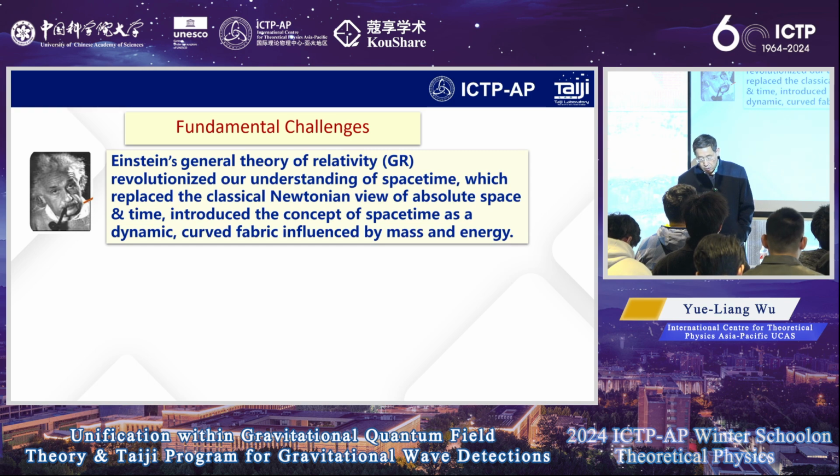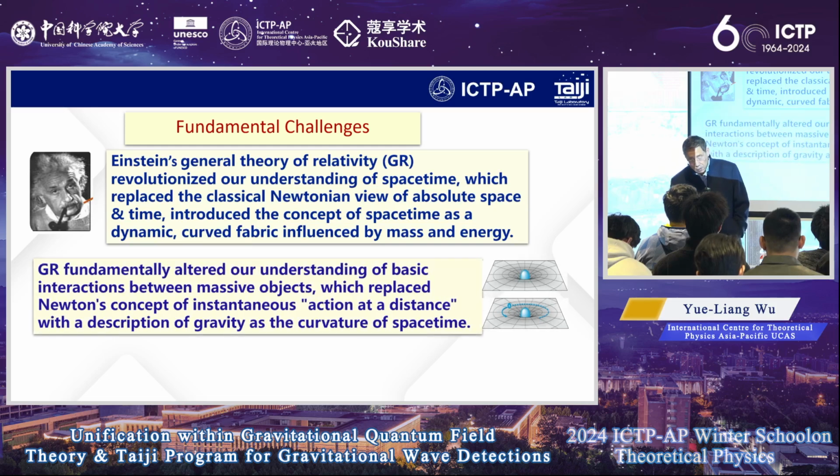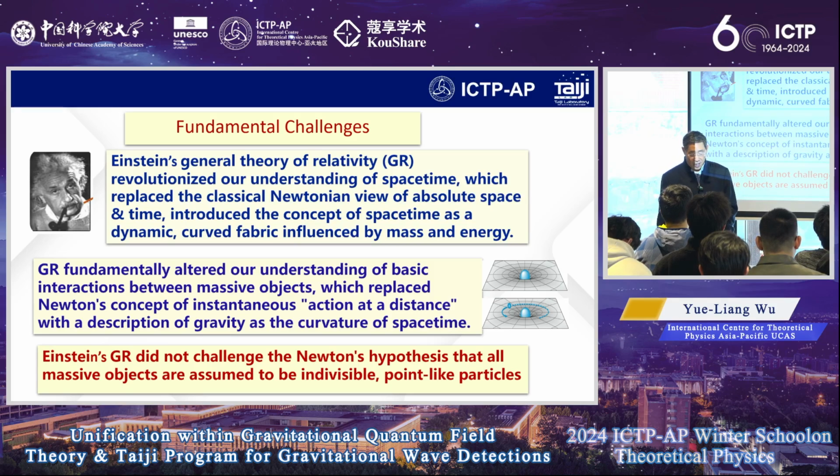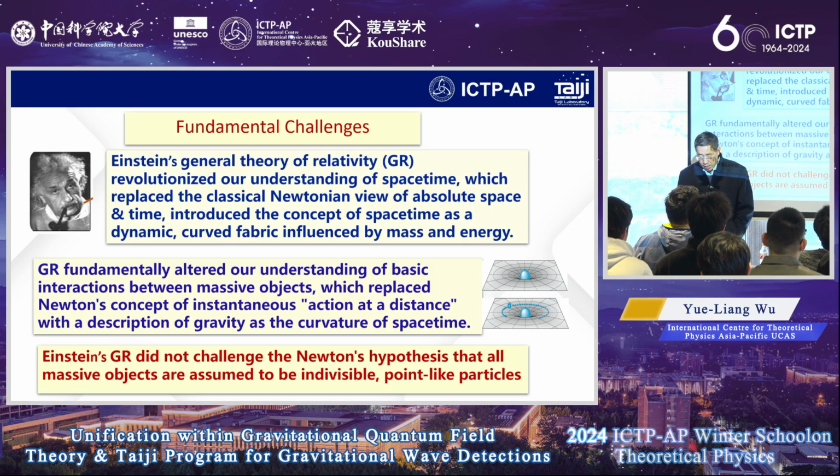Although general relativity altered our understanding of the basic interactions between massive objects, and replaced Newton's concept of instantaneous action at a distance, Einstein's general relativity didn't challenge Newton's hypothesis that all massive objects are assumed to be indivisible and point-like particles, like mathematical points.